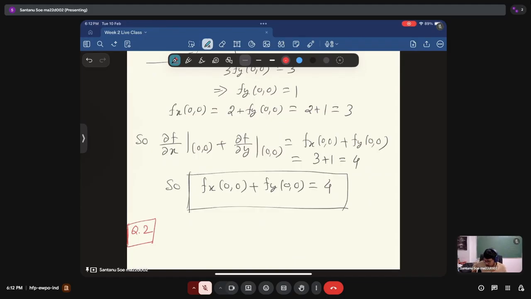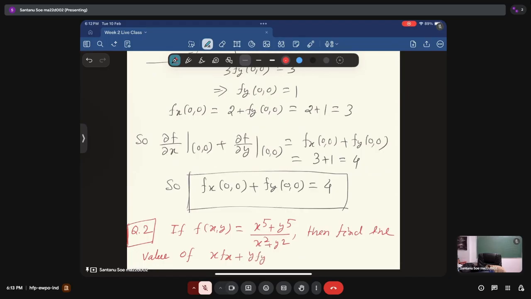So it is given that if f(x,y) equals x to the power 5 plus y to the power 5 divided by x square plus y square, then find the value of x fx plus y fy. Okay.